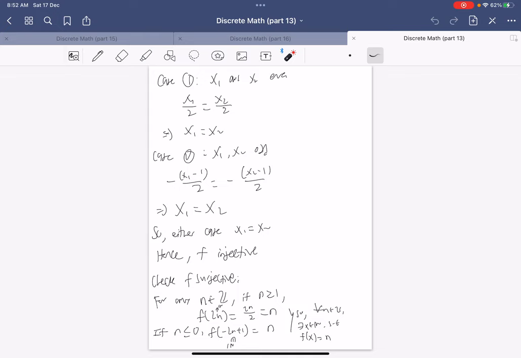Now, if n is less than 0, then f of minus 2n plus 1 equals n by the function defined, and minus 2n plus 1 is also a natural number. So, in either case, there will always exist a natural number x such that f(x) equals n. You can look through the proof again, but it should be fairly simple for this case. And this proves that the natural numbers and Z have the same cardinality.